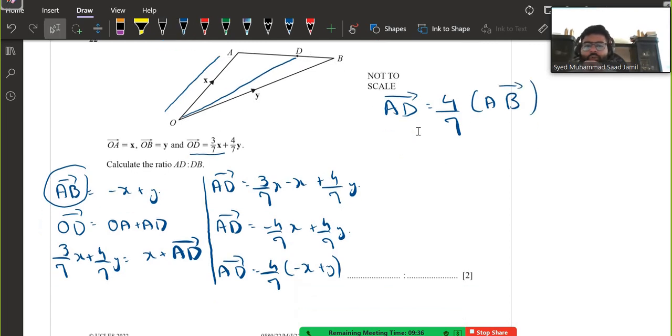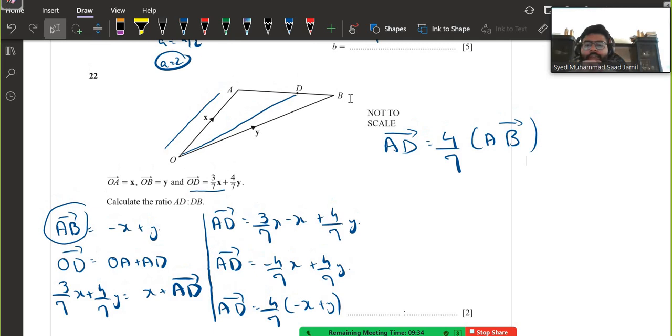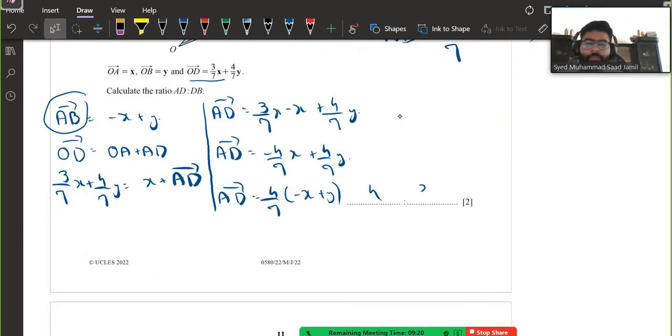So it says the ratio of AD to DB. AD is 4 upon 7. DB is going to be 3 upon 7 because the whole line is 7, right? So the ratio is 4:3.